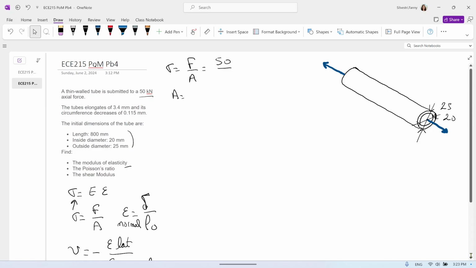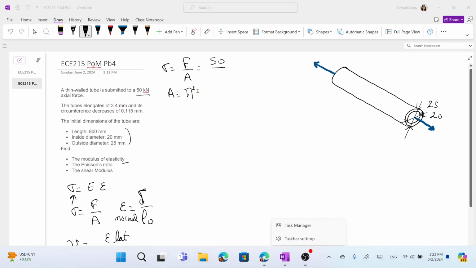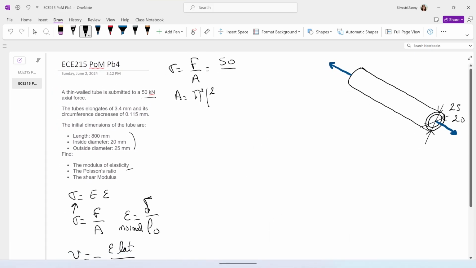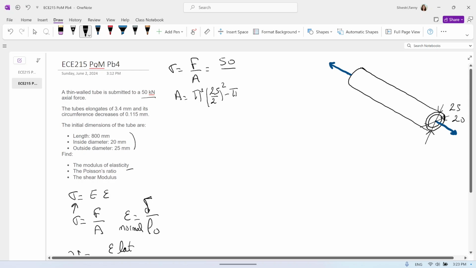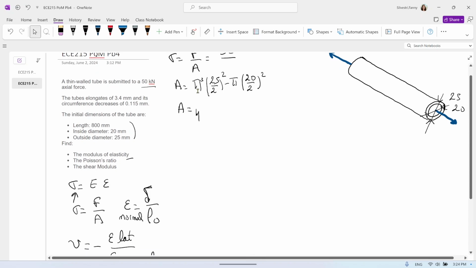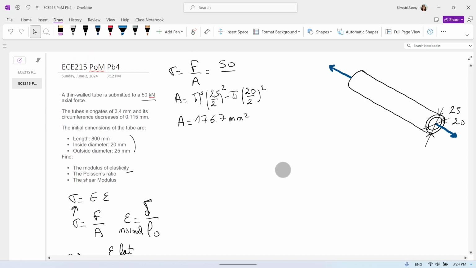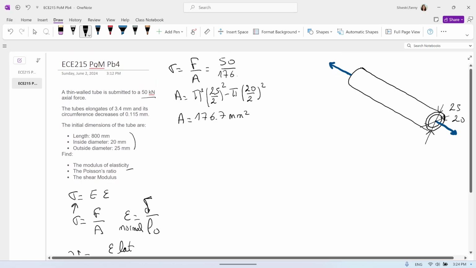So the area will be equal to pi times the outside diameter 25 divided by 2, squared, minus pi times the inside diameter 20 divided by 2, squared. For the area in millimeter squared, this one minus this one, we get 176.7 millimeter squared. So I will plug that in: 176.7.